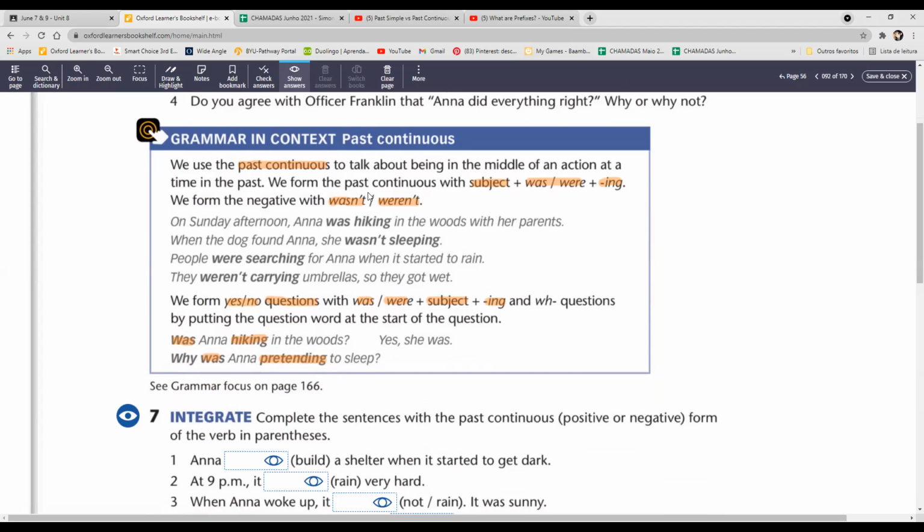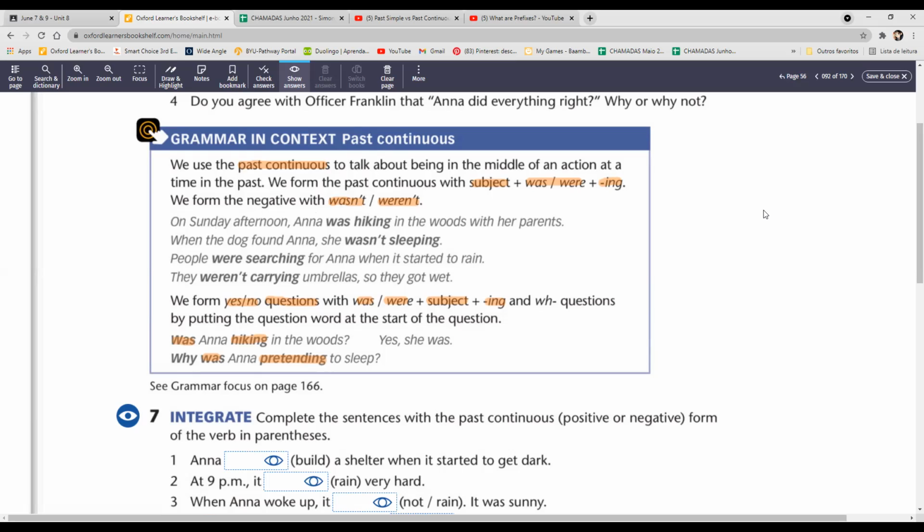We form the past continuous with a subject plus the verb to be in the past, was or were, plus the main verb in the ing form. We form the negative with wasn't or weren't.